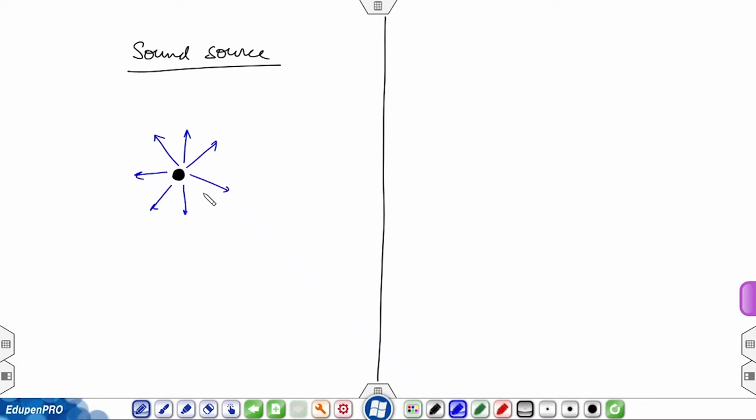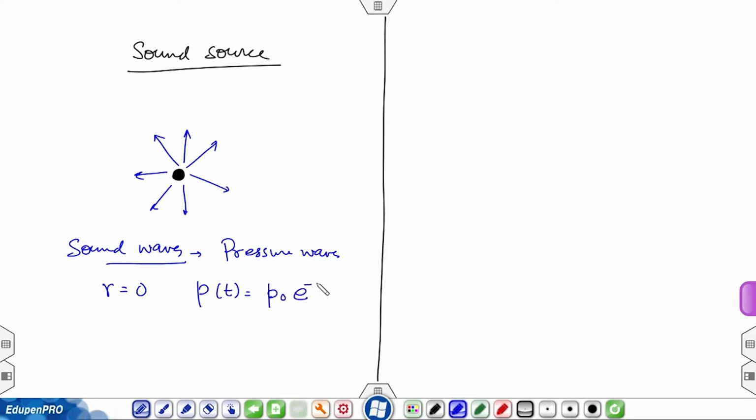The sound waves are pressure waves. So, let us say at r equals 0, the pressure P varies with time as P 0 e raised to minus i omega t.